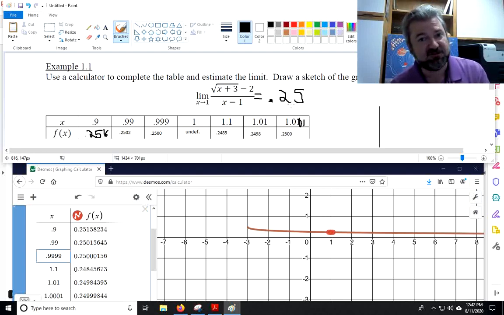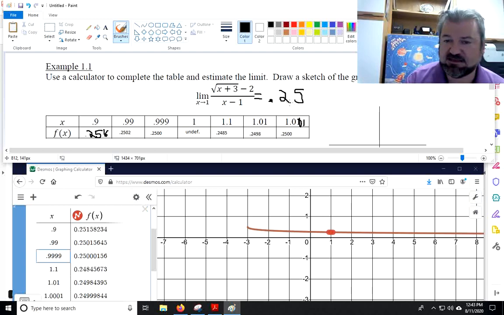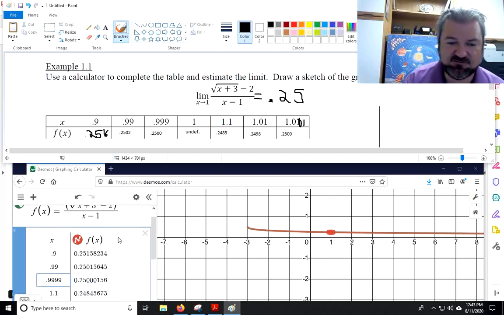Now, if we let x equal 1, you know it's undefined. That wouldn't be good, right? But as it gets really, really close, how close? We call it infinitely close to 1, then we know that it is getting infinitely close to 0.25.